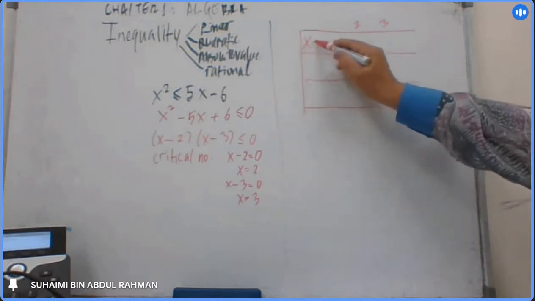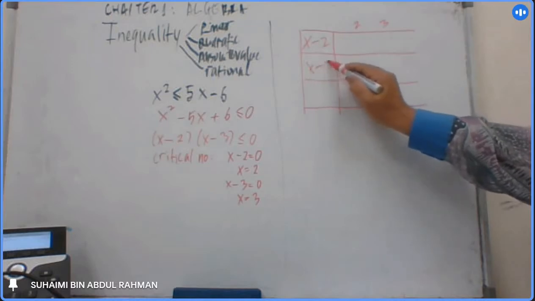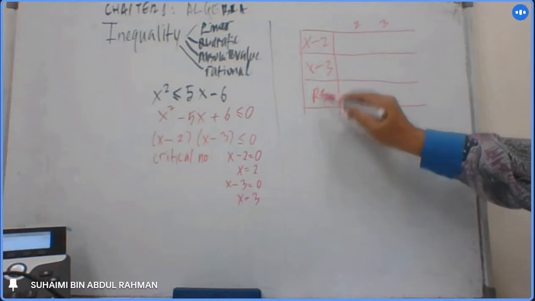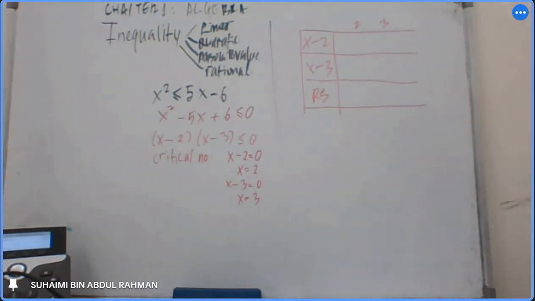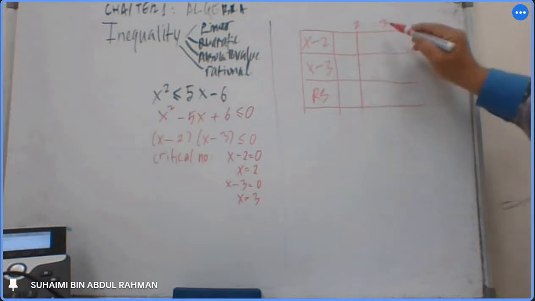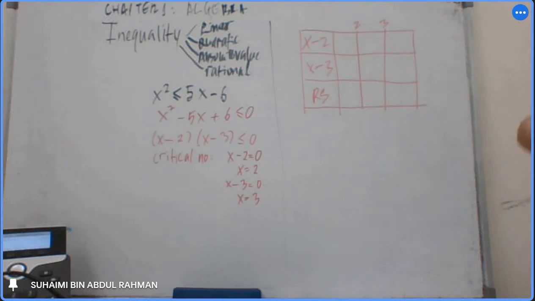So we test for x minus 2, test for x minus 3, and we want to know the resulting sign. Our critical numbers are 2 and 3.